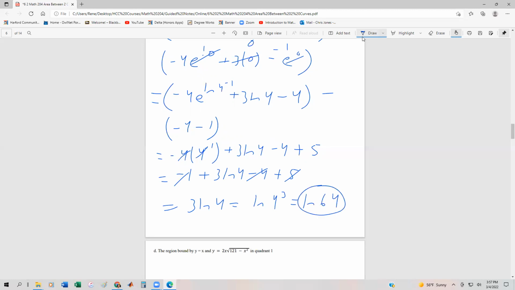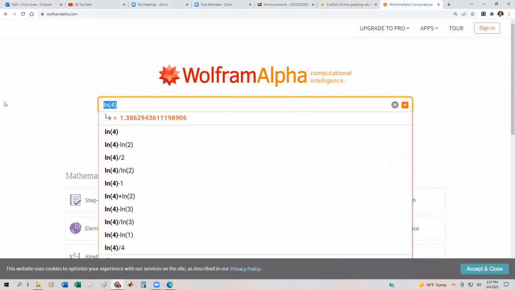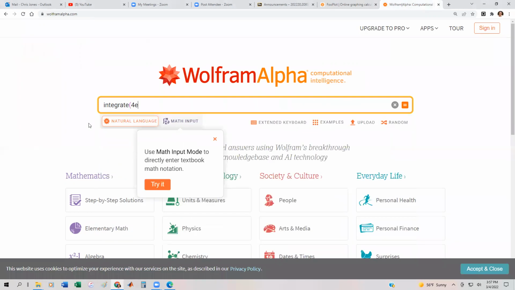Now, of course, if we don't like the way this answer looks, we should always go into Wolfram Alpha to make sure that when we try to evaluate it, we get something that at least looks something like ln of 64. So I'm going to go ahead in Wolfram Alpha just to check my answer, and I'm going to integrate 4e to the minus x plus 3 minus e to the x.